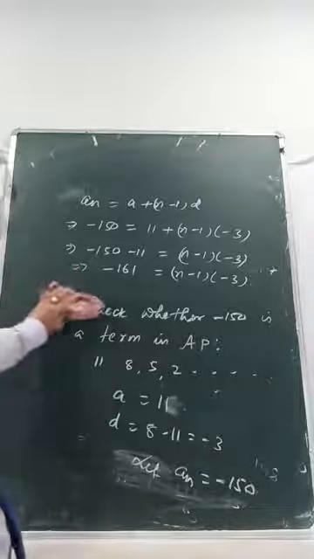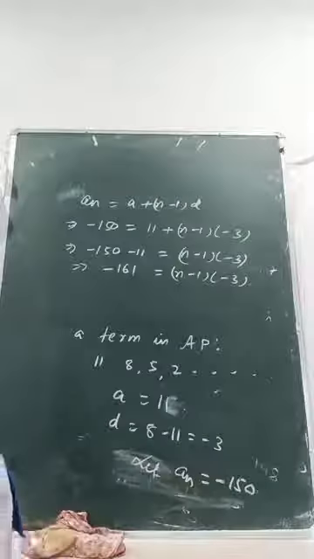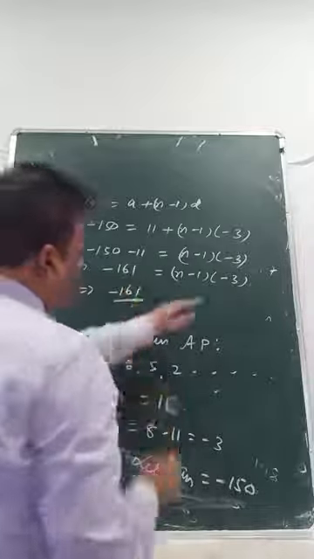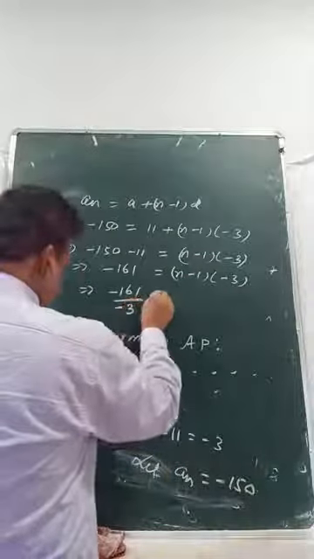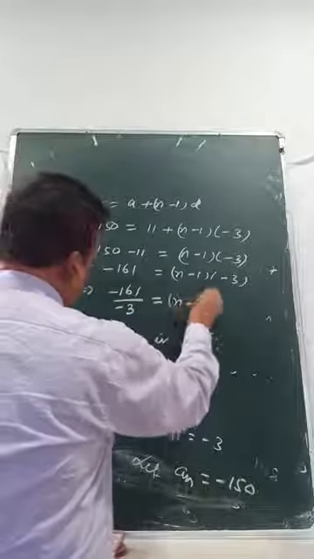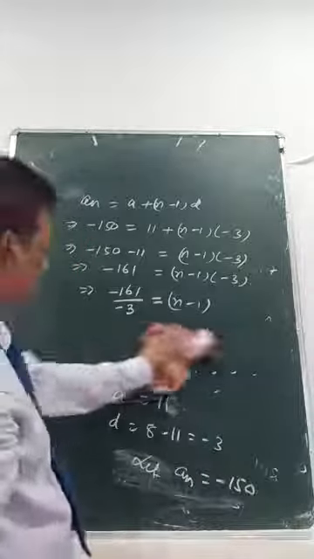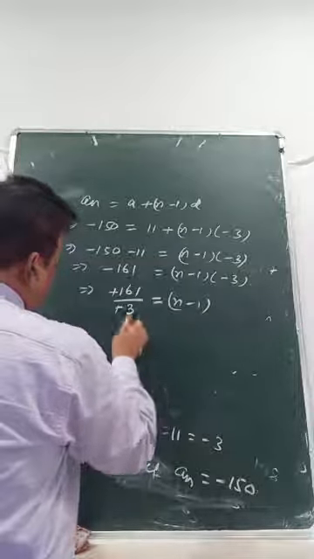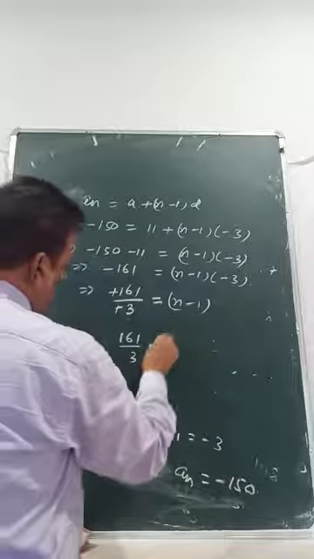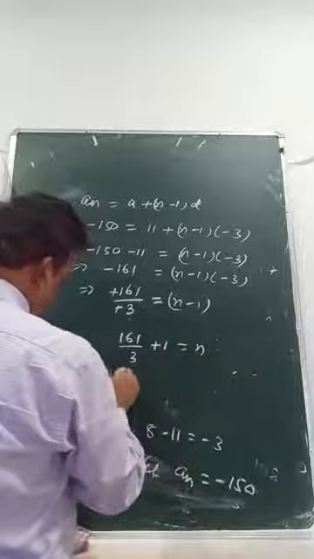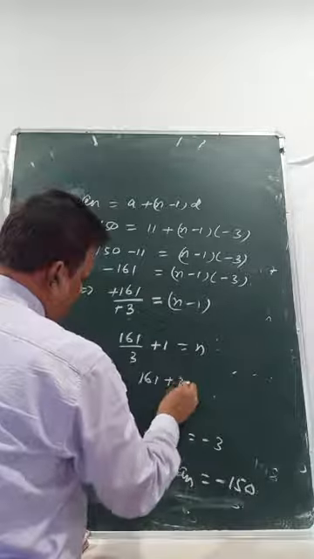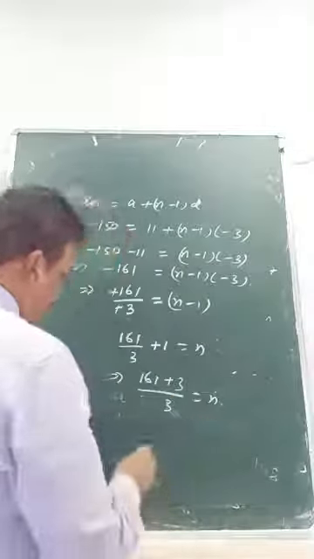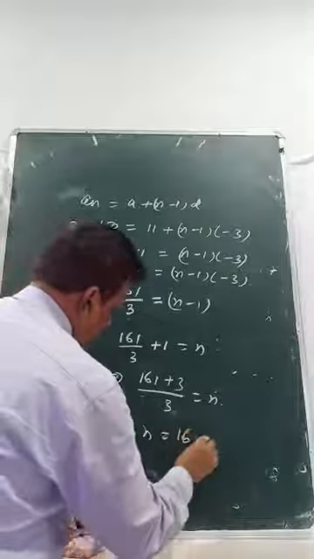To simplify, minus 161 divided by minus 3 equals n minus 1. 161 is not divisible by 3, keep it like this. Plus 1 equals n. 161 plus 3 by 3 equals n. So n equals 164 by 3.